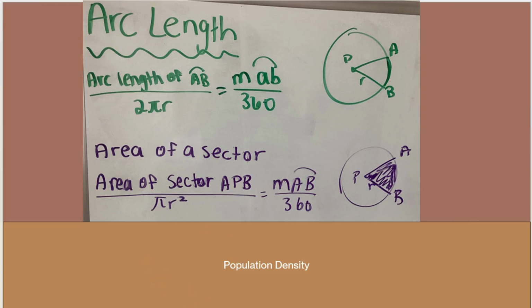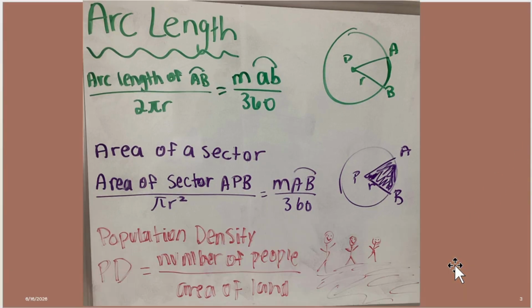Okay? And using all of this in many word problems in math, there comes population density. And you're like, what? I learned what arc length is, I learned what area of a sector is, but I don't know what the population density formula is. So it's very helpful to know what the population density formula is. It's very easy, it's very logical. Population density, or PD, is equal to the number of people over the area of the land.